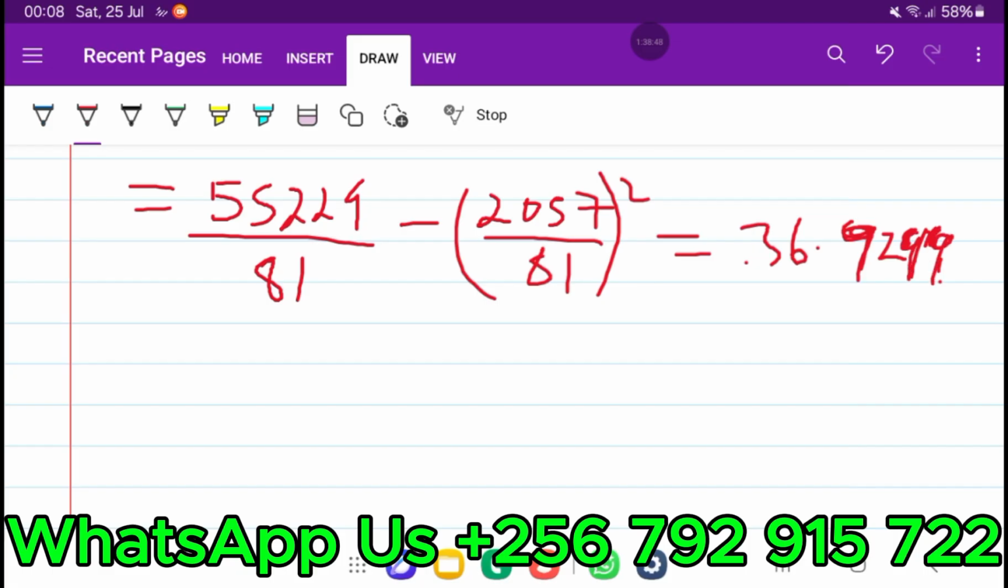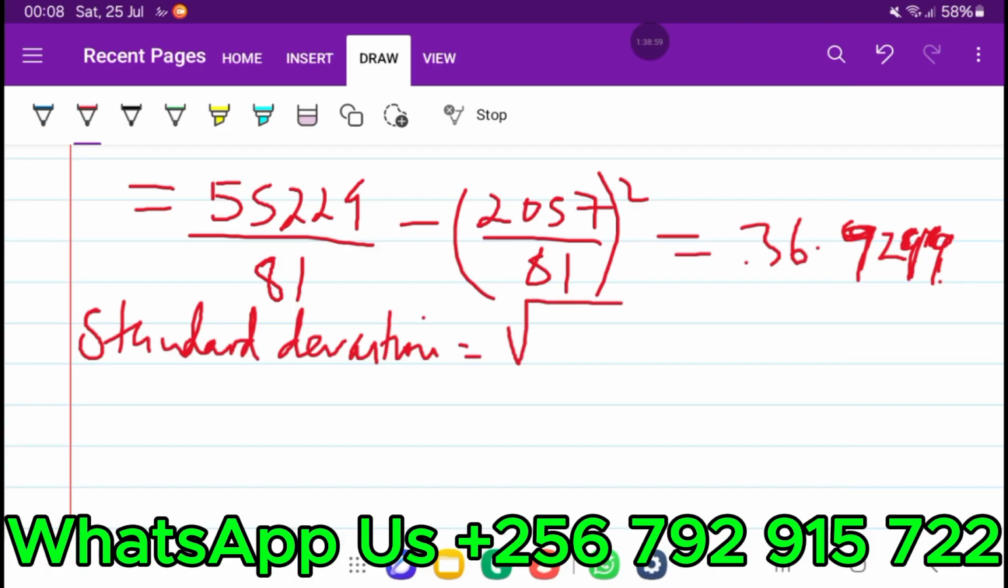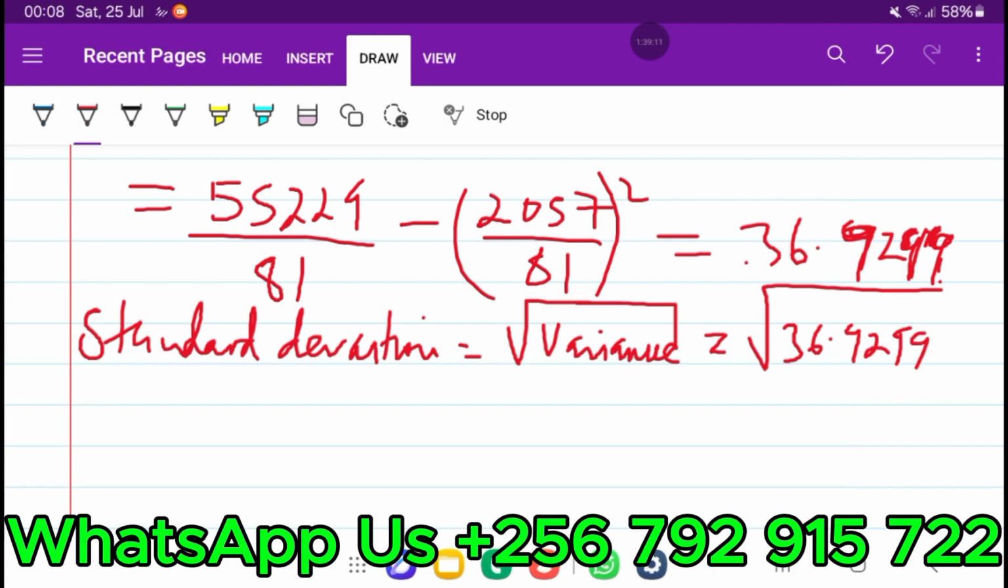That's the variance. Now the standard deviation is equal to the square root of variance, meaning it will be the square root of 36.929929.